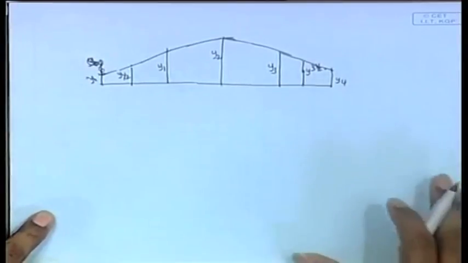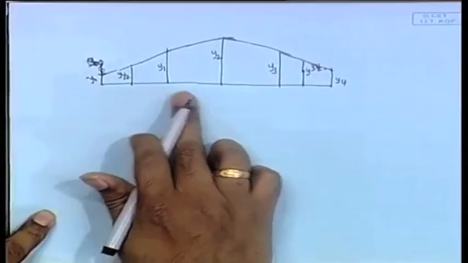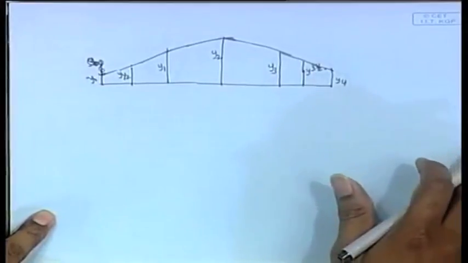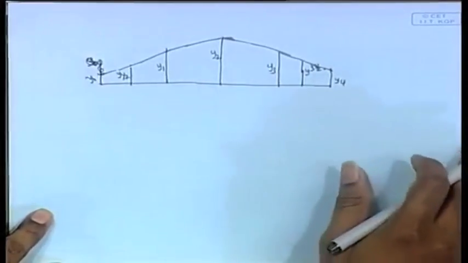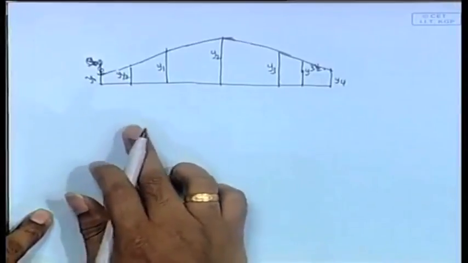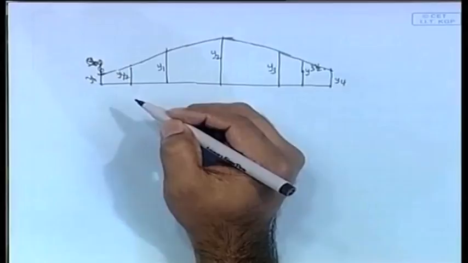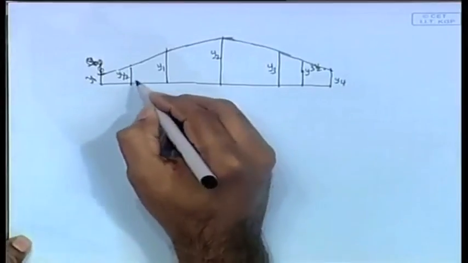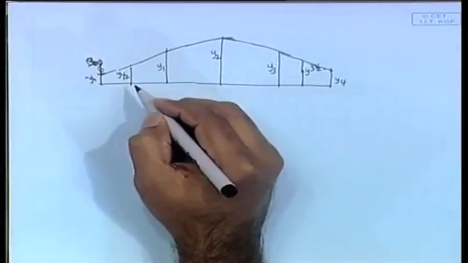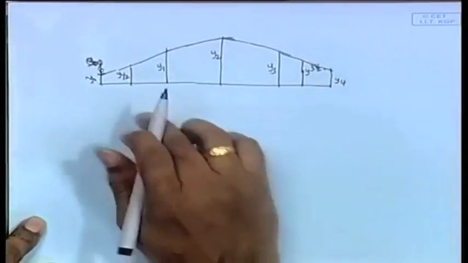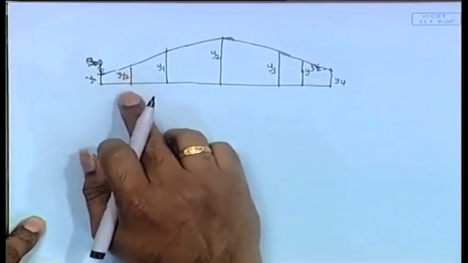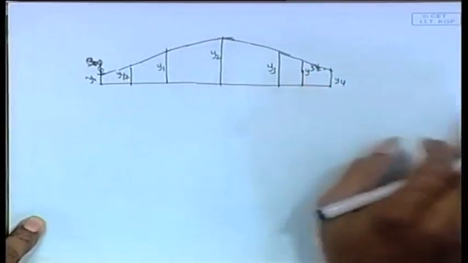Now, of course, we will use 1, 2, 3, 4, 5, 6, 7 ordinates. We can use Simpson's first rule because it is 7. This is the problem we are having, a half station and a 3 and a half station.